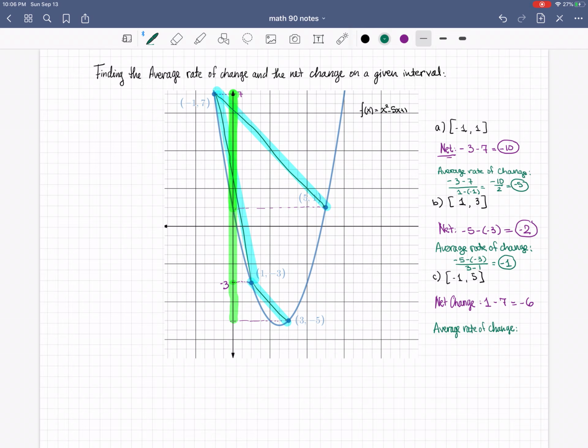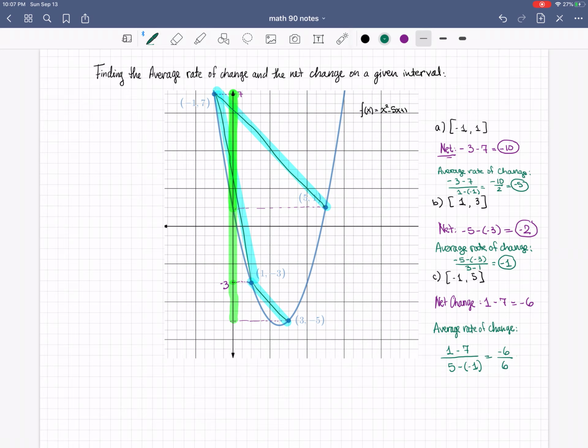So sure enough, if we look at the average rate of change over the interval from -1 to 5, we have the net change, which is 1 minus 7 over the x-coordinates, which is 5 minus -1.